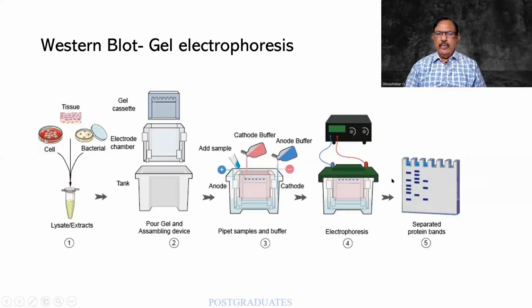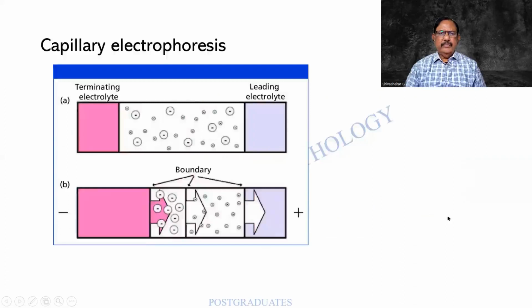And then there is a movement that is being depicted by means of the various colors of fluorescence. So this we have already seen. So there is a terminating electrolyte and a leading electrolyte. Negative and positive charges, and there is a movement, and there are boundaries to decide to what extent they have moved.